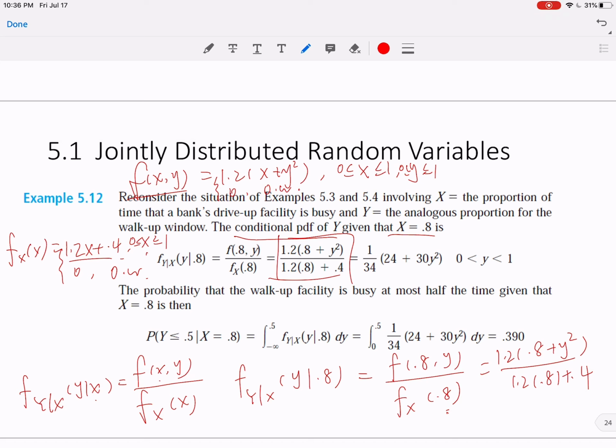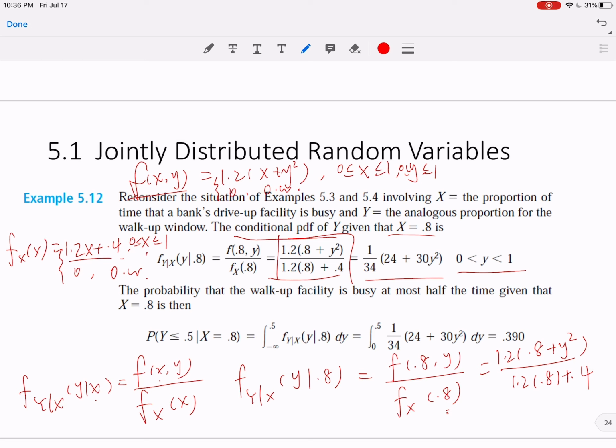After simplifying, the conditional PDF of y given x is equal to 0.8 is equal to 1 over 34 times (24 plus 30 y squared), when y is between 0 and 1. I won't go over the whole calculation because it's quite straightforward, just simplifying.